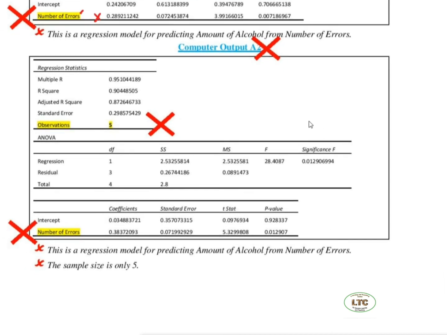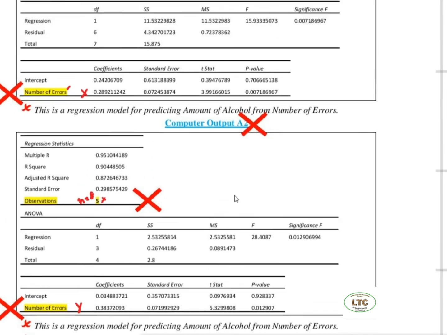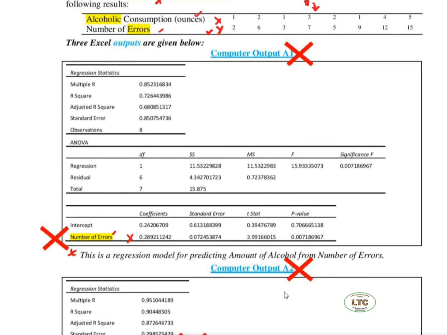And in output A2, what is wrong? Number of errors y, this is also false, y here false. Also here false, n is 8, not 5. How about the first one? Here in the first output, number of observations is 8. This is correct.